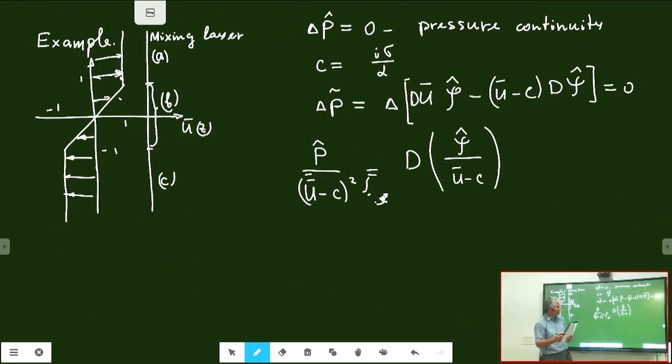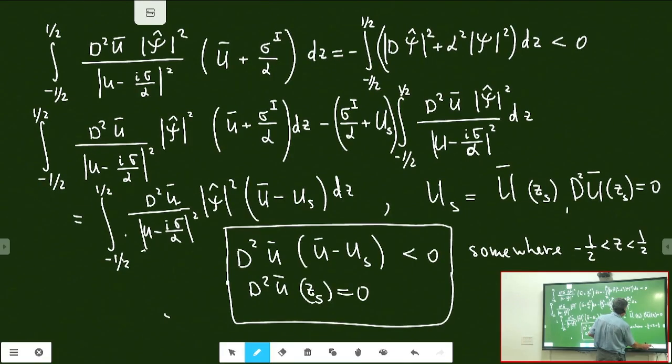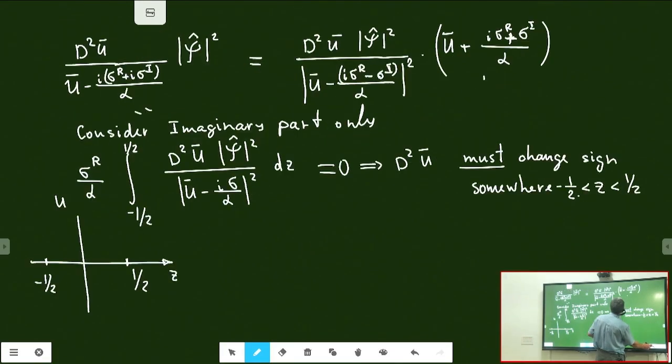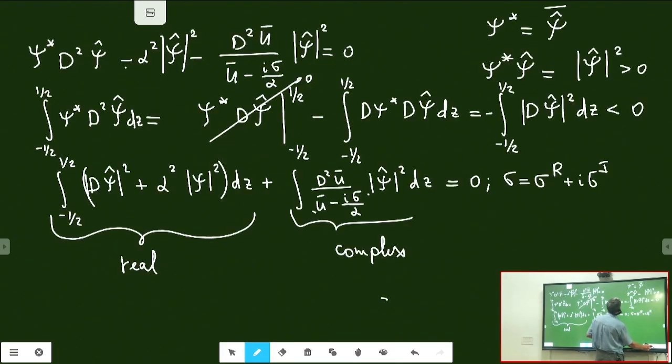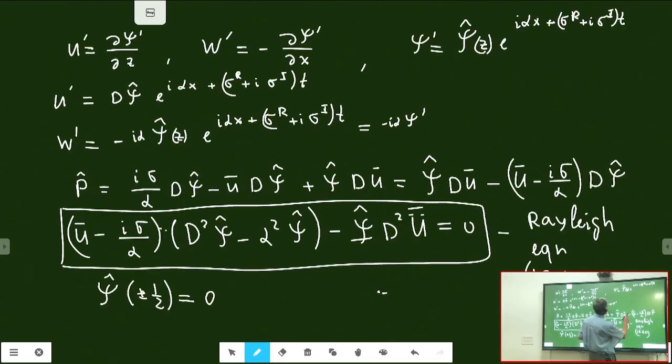Unfortunately, giving you more hint means going back once again. What you have here is function multiplied by derivative, and then function multiplied by derivative.